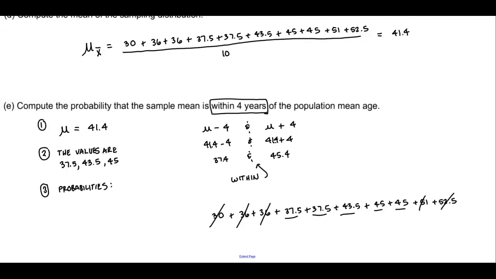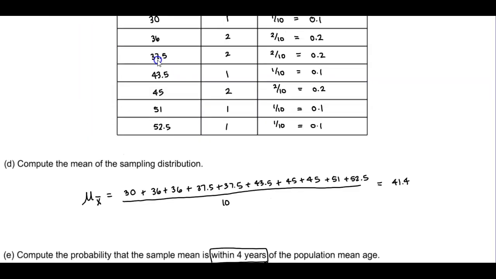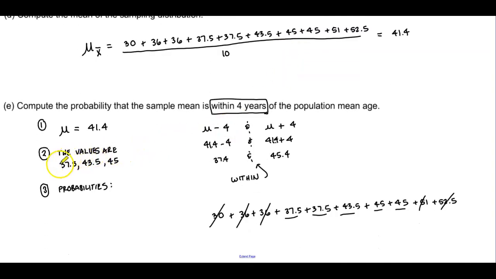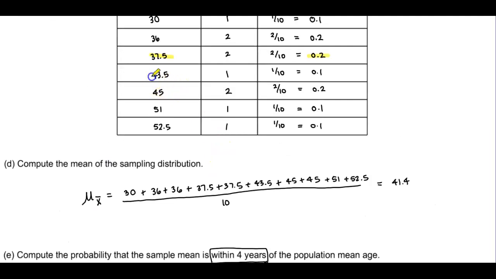Okay, so what is the probability for 37.5? Well, the probability for 37.5 is 0.2. So for 37.5, we're going to add 0.2. Plus, what is the probability for 43.5?